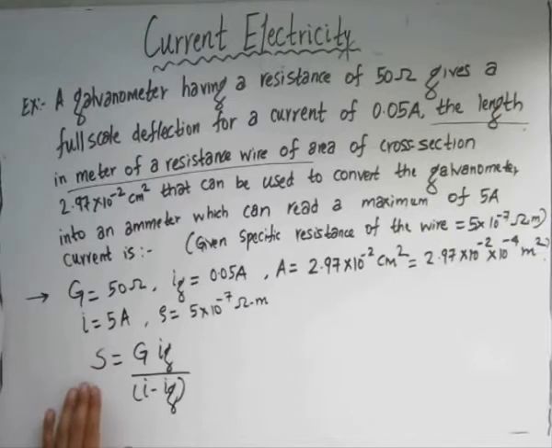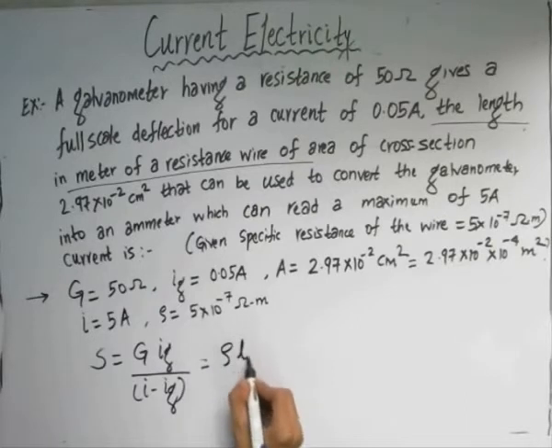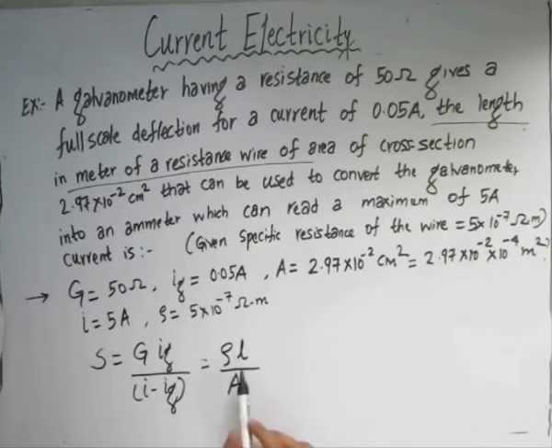We have seen from the previous discussion that the formula for the shunt resistance connected in parallel across the galvanometer is given by this expression. Now the resistance is given in terms of the length as specific resistance times the length of the wire divided by the area of cross section of the wire. So using this expression, we can solve for L to get the length of the wire.